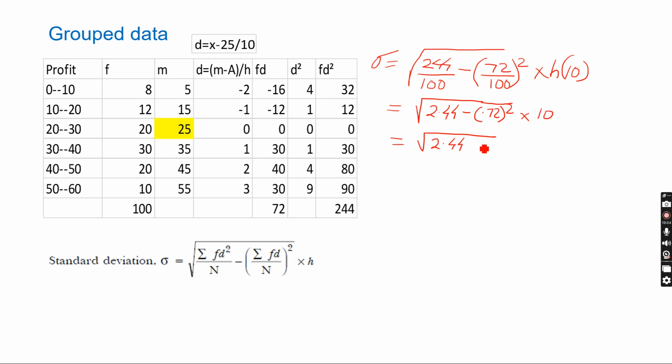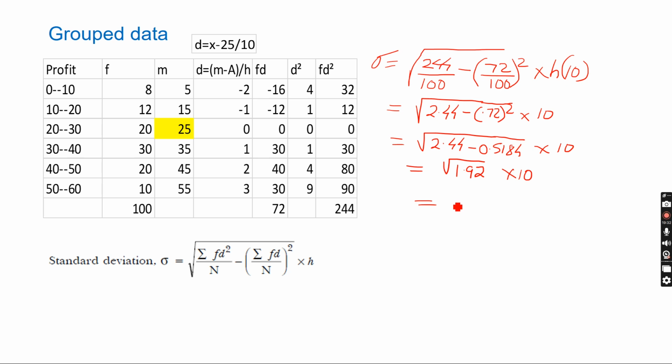2.44 and 0.72 square is 0.5184. So 0.5184 into 10. 2.44 minus 0.5184 adds up to square root of 1.92, into 10.